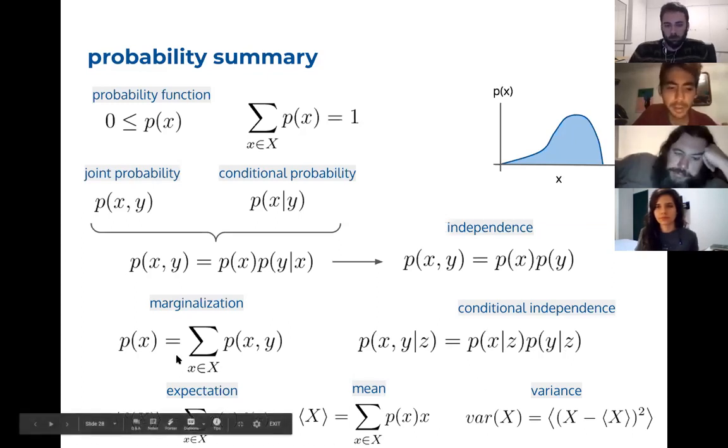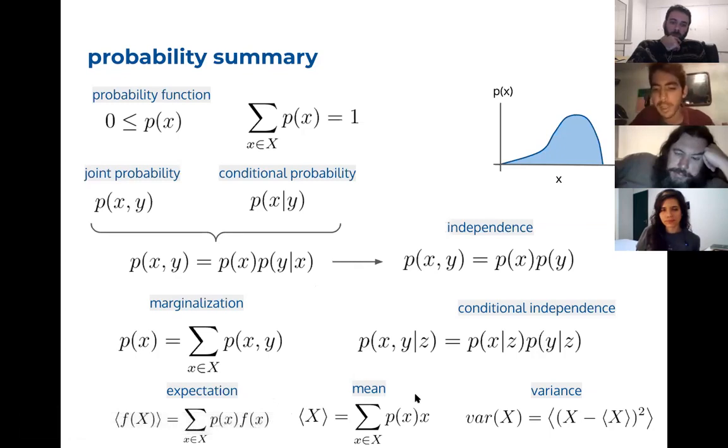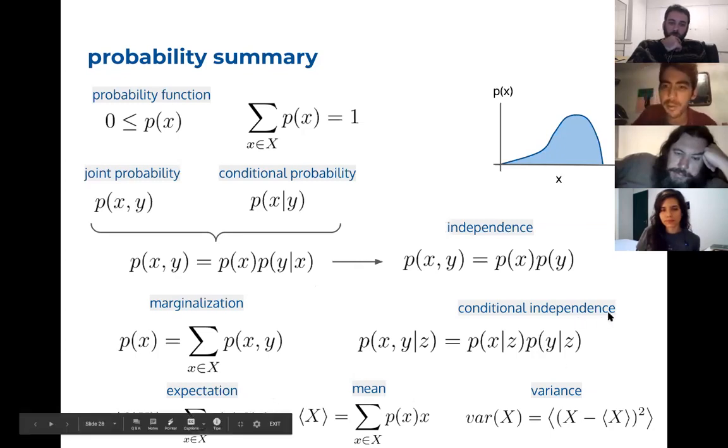And then you have the definition of the expectation function, and from the expectation function you get the known mean and variance of the distribution.